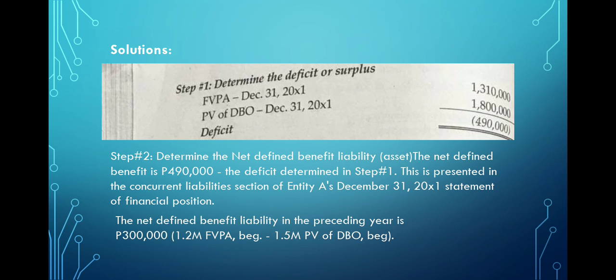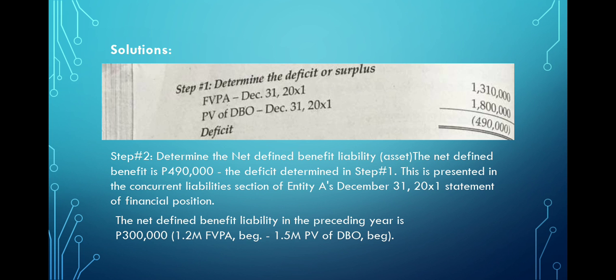Step 1, determine the deficit or surplus. FVPA on December 31, 20X1, which is 1,310,000 pesos, and the PV of DBO on December 31, 20X1, which is 1,800,000 pesos.